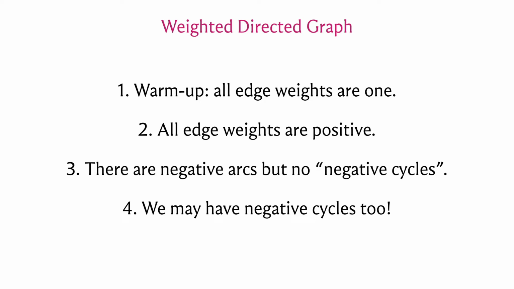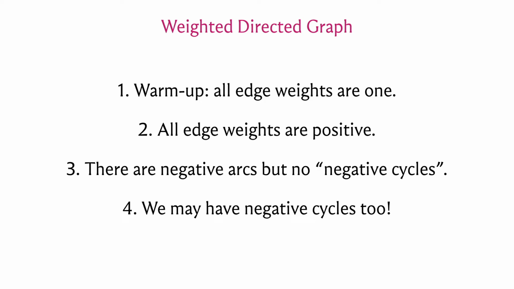So this is going to be the essence of the 3 different approaches that we take to the shortest paths problem. First, we are going to see an approach when the graph is essentially unweighted, then we are going to look at an approach that works for positive edge weights, and we're going to modify that slightly to allow for negative arcs, but still we assume that there are no negative cycles.